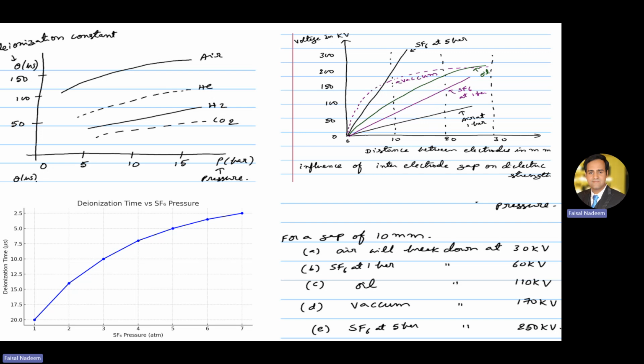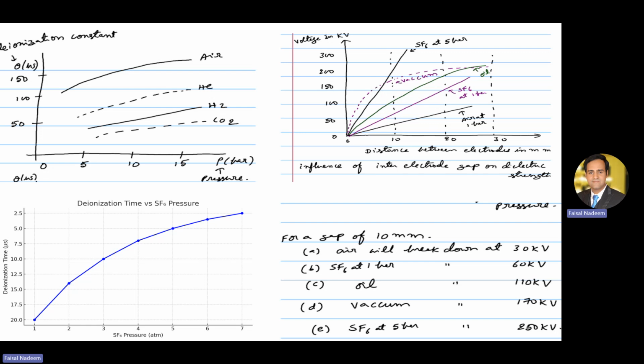The second property the arc quenching medium must have is a high deionization constant, because the more electrons we have, the more ionization we have, and it will ultimately end up in the avalanche effect, which continuously increases more and more electrons. So we must use a material that deionizes with the increase in pressure.